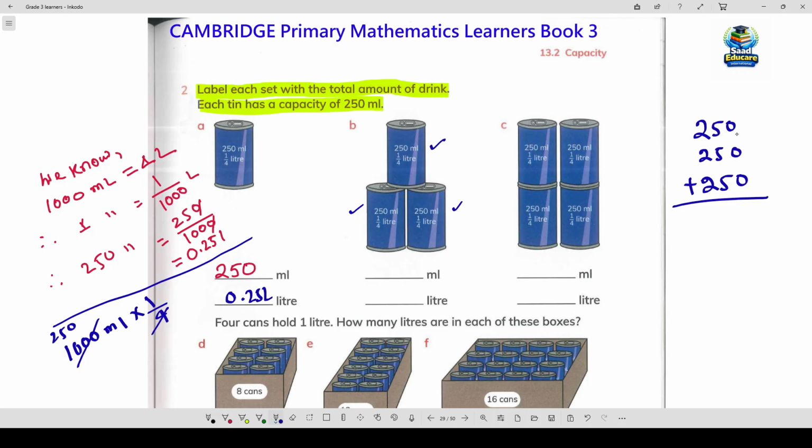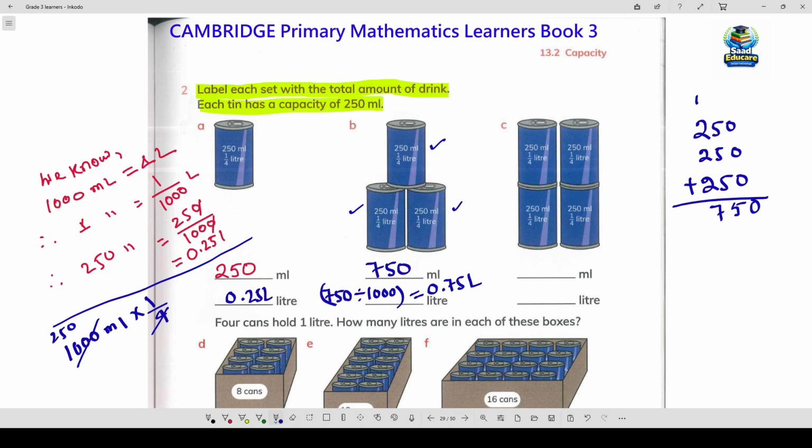Once we make the summation, 0, 5 plus 5, 10, plus 5, 15, 5, carry 1, 2, 2, 2, 6, 1, 7. It means here is 750 ml. So it means here it should be 750 divided by 1000 liter, right? So the answer will be 0.75 liter, right?